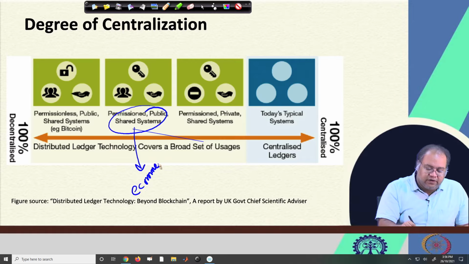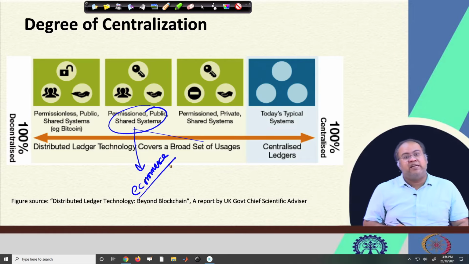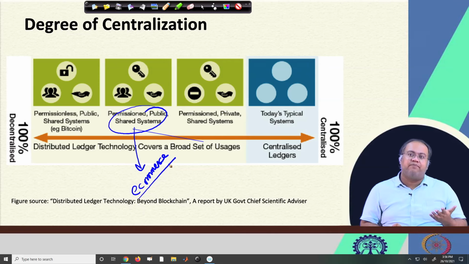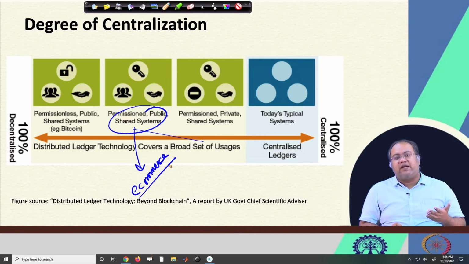In your e-commerce platform, there are multiple different sellers, from small businesses to large businesses, who can participate, but the sellers are pre-authenticated. So, it is a public system, anyone can participate as a seller, but the person needs to be pre-authenticated to join the system.